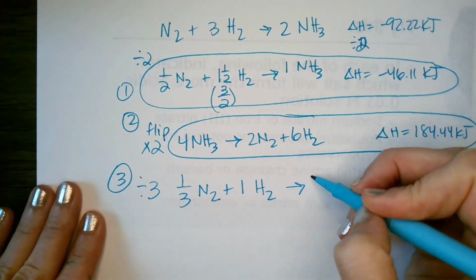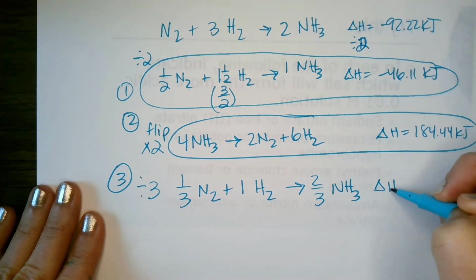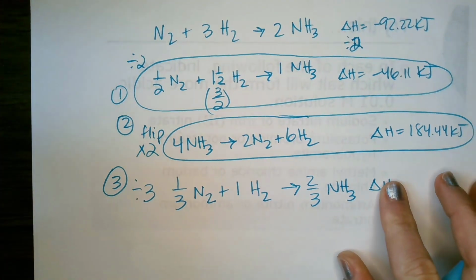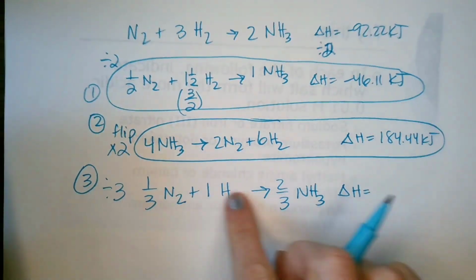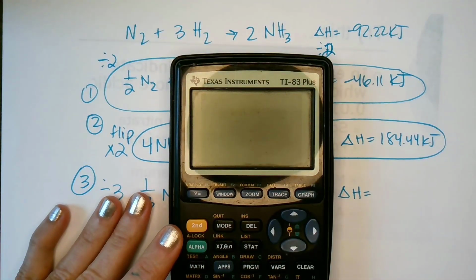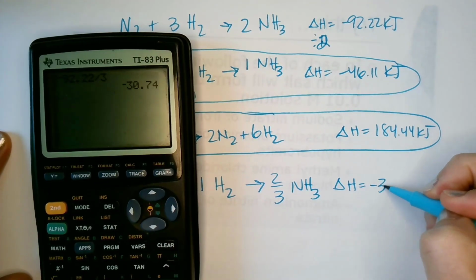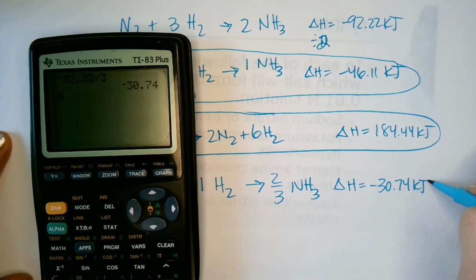And 2 divided by 3 would be 2/3 of NH3. So my delta H, again, I didn't flip anything. I'm leaving it just in the same setup, but I need to divide my H by 3. So let's do negative 92.22 divided by 3. So I got a delta H of negative 30.74 kilojoules.